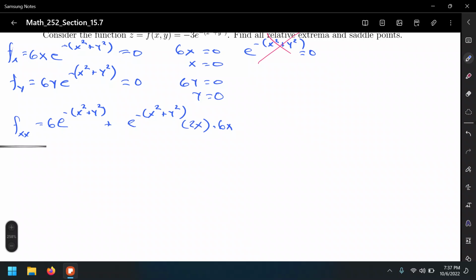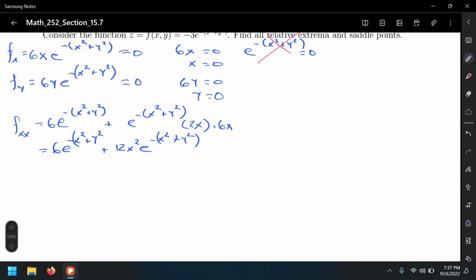This will become 6 e to the negative (x squared plus y squared) minus 12 x squared e to the negative (x squared plus y squared). So that's the second derivative with respect to x.